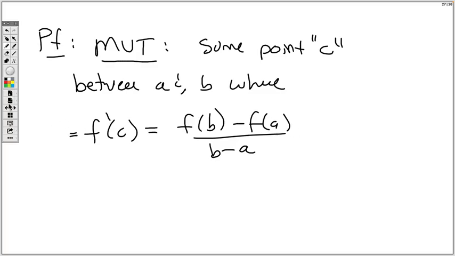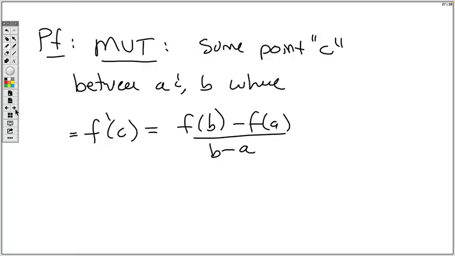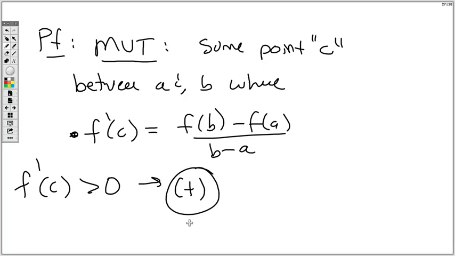But I also know that at all points the derivative is what kind of number? Positive. So I know f prime of c has got to be bigger than 0, which means that this has to work out to be a positive number. You follow?